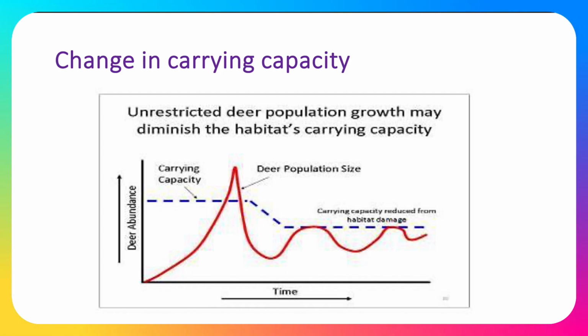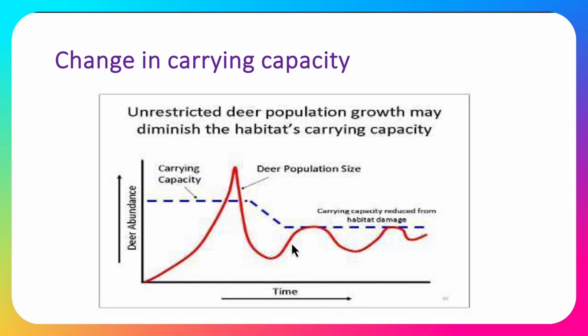They might have pulled out all of the trees such that there wasn't enough food, because those plants were removed whole. Or it might be that they've caused erosion of the soil, so the plants and the trees can no longer grow there. So the population of deer has actually decreased the carrying capacity.